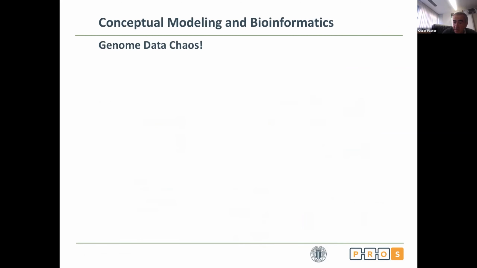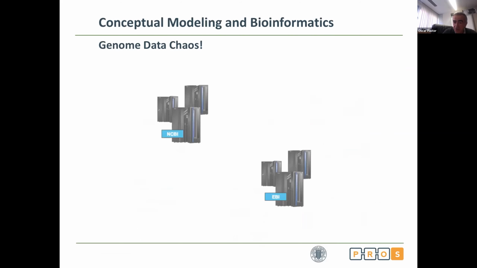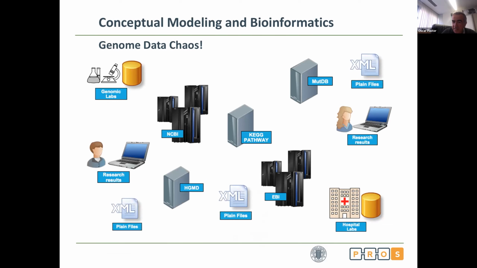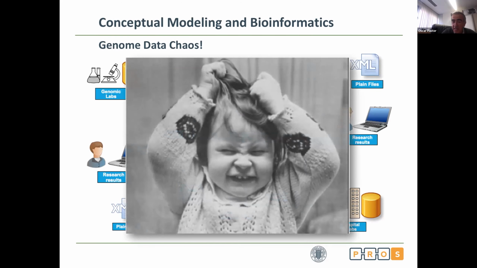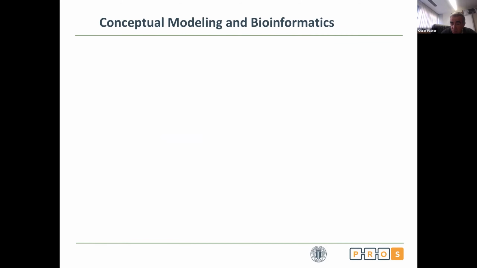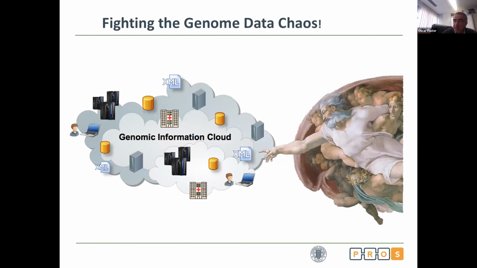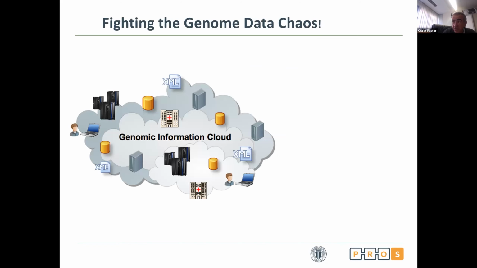This is why you have this image of the genome data chaos. There are so many genome data sources that, in the end, this is a big problem. I want to go to the end. Let me jump to this slide, where you have this genome information cloud, this mess of information.